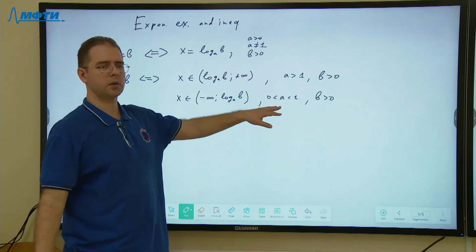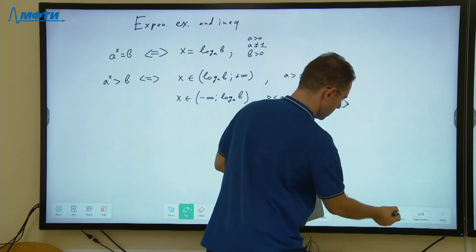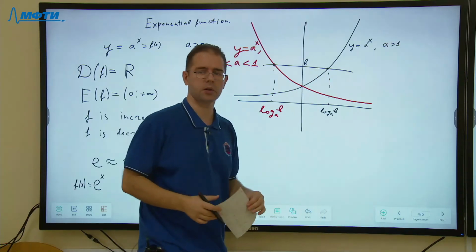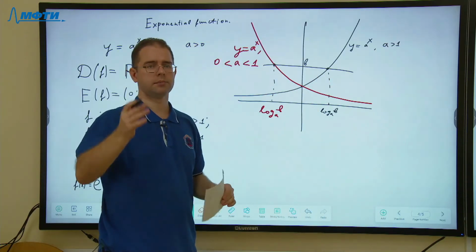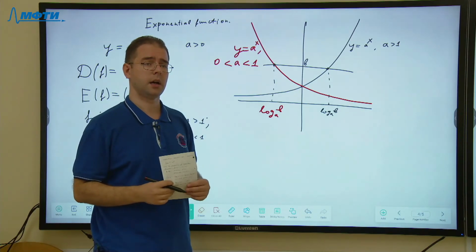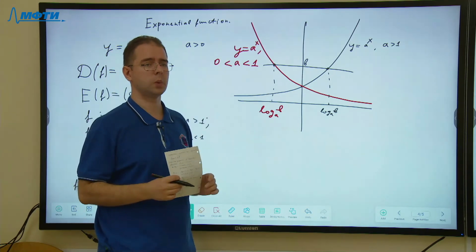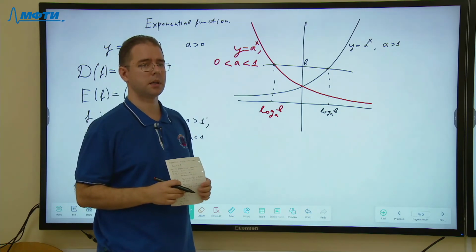Now, here I only talked about positive values of b. What happens if b is negative or 0? Jeremiah, what happens if b is negative? I want to solve an inequality a power x greater than b, where b is a negative number.